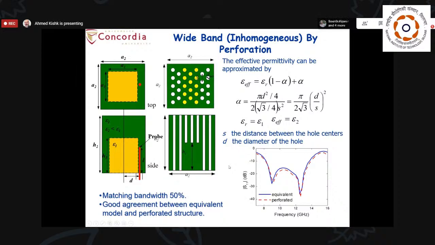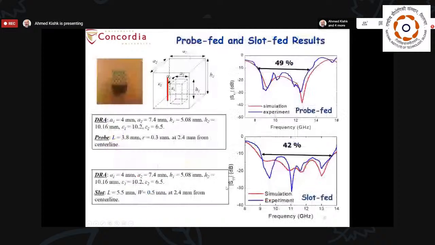That means even with this very small size of dielectric resonator, perforation of the dielectric material is possible and can be used to have multiple dielectric constants in the resonator, based on controlling the hole size and the density of the holes in certain regions. By this way, you can increase the bandwidth, which in this case is about 50%.